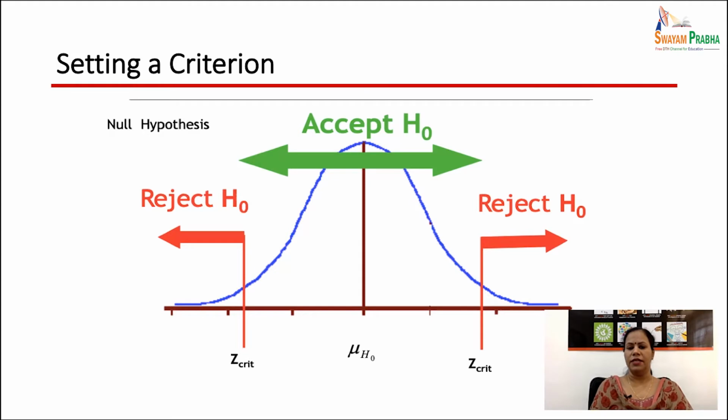That is why it is better to keep the level of significance at 5%. But if you are taking a really bigger sample, then you can go for a higher confidence level, and the level of significance can be decreased to 1%. So based upon your study, you can set a criteria for your level of significance, that where will your zone of acceptance fall and where will your zone of rejection fall.